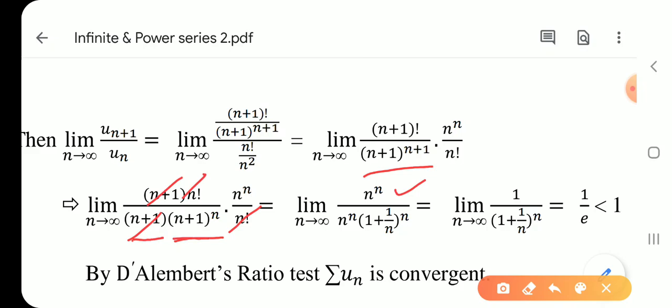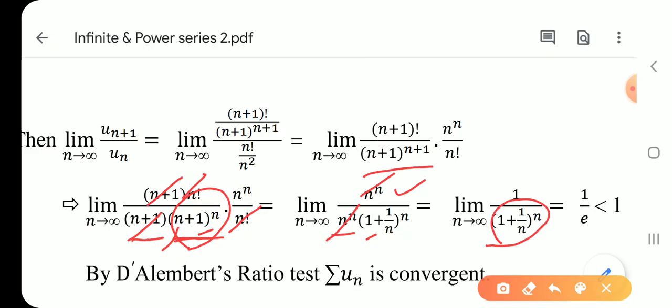To simplify, from this n plus 1 to the power n, I will take out n along with the power. So I will take out n to the power n outside. Instead of n, it becomes 1, and where 1 is there, it becomes 1 by n. N to the power n cancels. And if you see the denominator, it is limit of n tends to infinity 1 plus 1 by n to the power n.